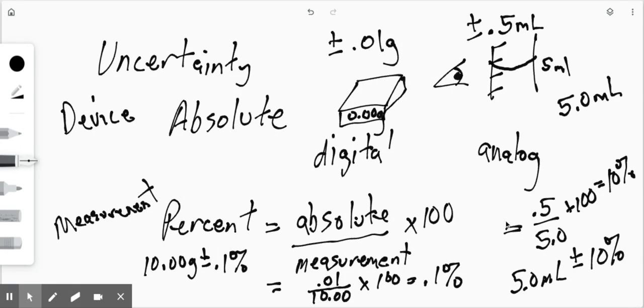And that's all there is to it. That's how you use or understand absolute uncertainty, which is by nature of the device, and how you use percent uncertainty, which takes into account the uncertainty of the device as well as the measurement that you made.